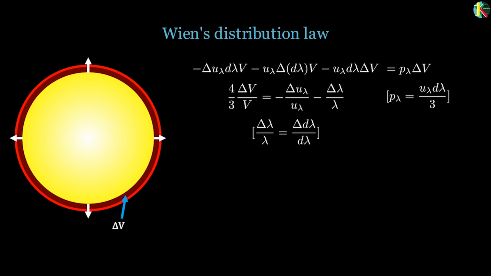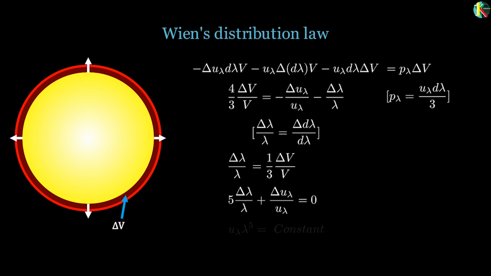Again, if you want the proof, check the further reading in description. Now replacing V by 4/3 pi r cube, we get delta r by r equal to 1/3 of delta V by V. And we just recently proved that delta r by r is equal to delta lambda by lambda. So our final equation looks like this, and by integration we obtain this relation.